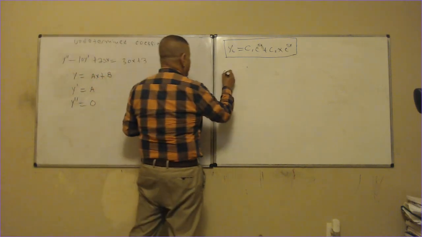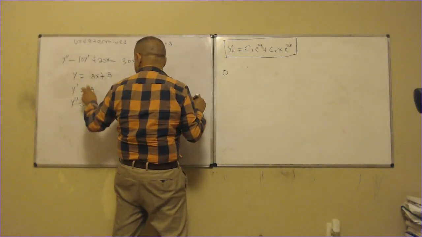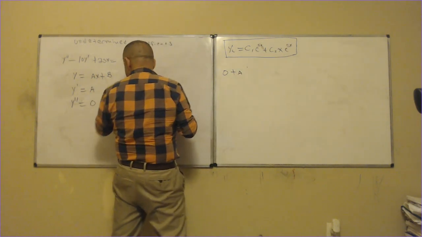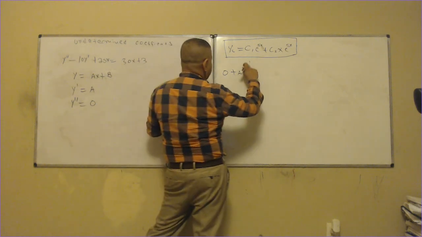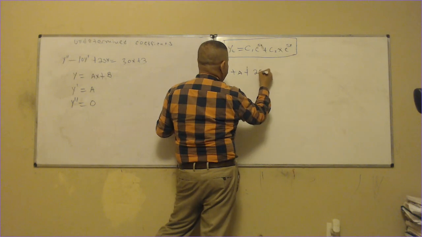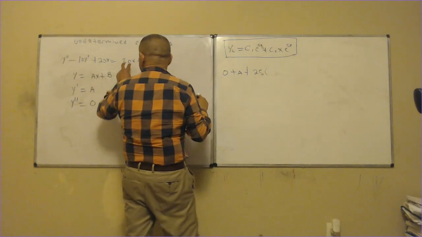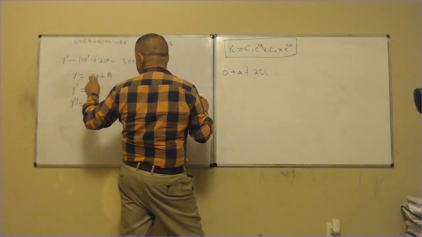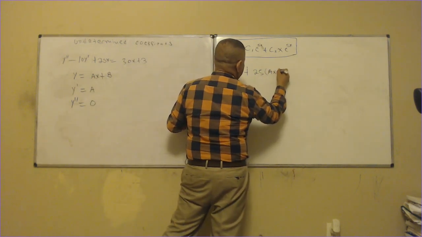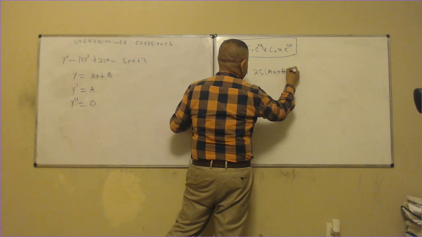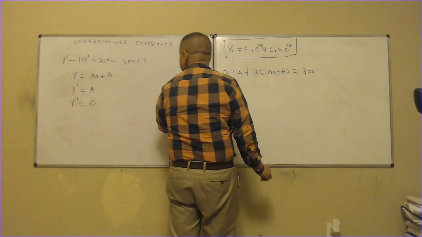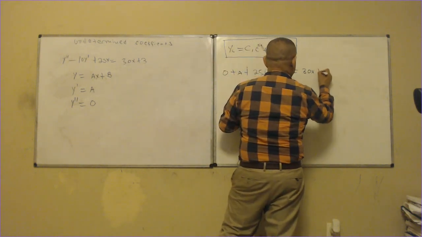So it's 0 plus a, and then I do plus 25 times ax plus b, is equal to 30x plus 3.